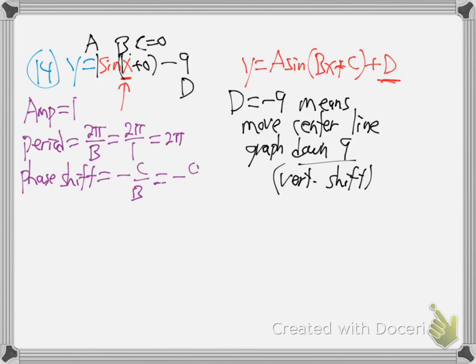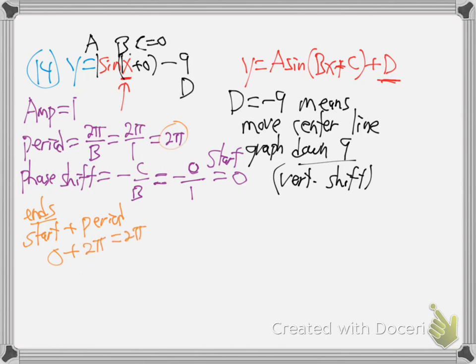Negative 0 over whatever B is. B is 1, so that's just 0. So that's where the graph is going to start, at 0. And where does it end? Whatever the start is, plus the period. That's 0 plus 2 pi, so it's going to end at 2 pi.